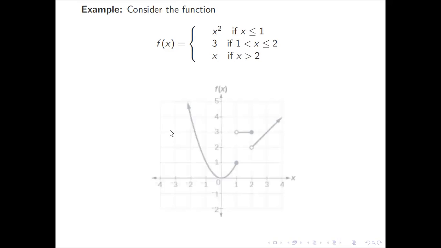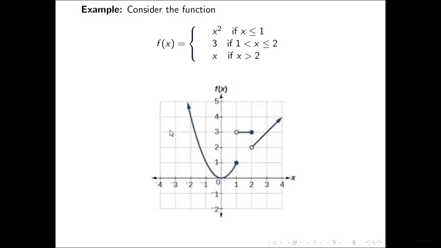Next, the graph. How did I arrive at the graph? Well, we know the 3 functions here are quadratic, constant, linear. Again, x squared is a quadratic function whose graph is a parabola with vertex at the origin opening upwards.